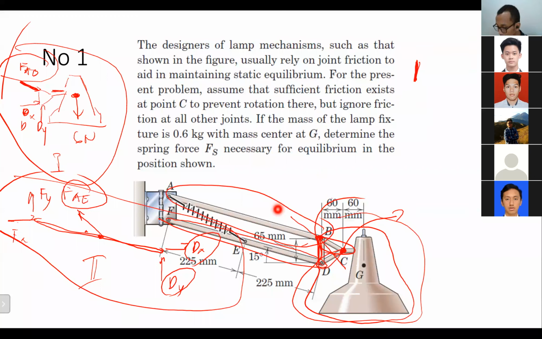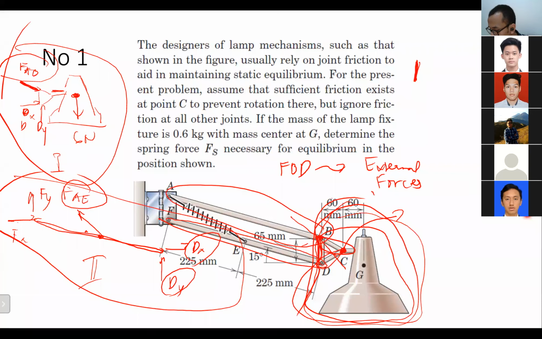For this one, everything outside of BDCG will be considered as external forces, plus the gravitational force. In the free body diagram, the one that you're supposed to draw is just the external forces and the gravitational forces.